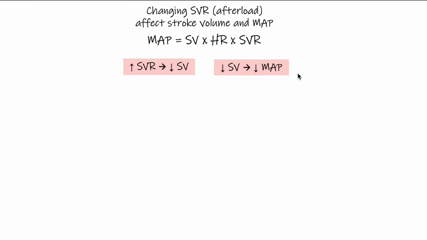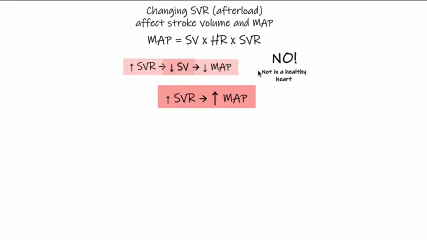So if we use the transitive property of mathematics or logic, we would then seem to suggest that an increase in SVR would actually lead to a decrease in mean arterial pressure. But that's not the case, okay? Not in a healthy heart. Okay? So an increase in SVR will lead to an increase in mean arterial pressure.